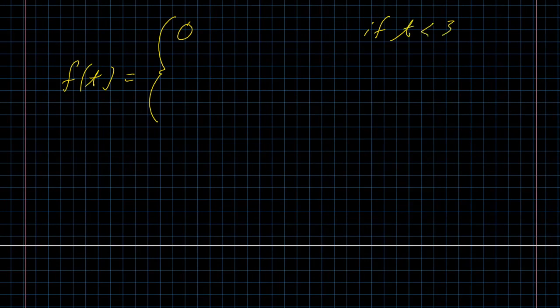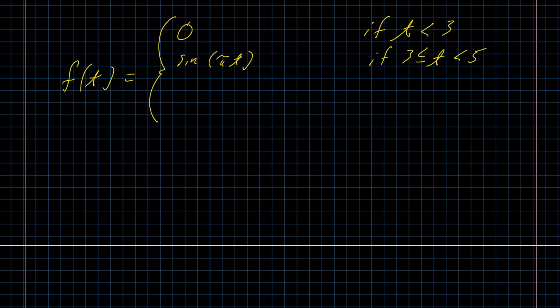So I want you to consider the function f of t, which is going to be defined piecewise. F of t is equal to 0 if t is less than 3. F of t is going to be equal to the sine of pi t if 3 is less than or equal to t is less than 5.